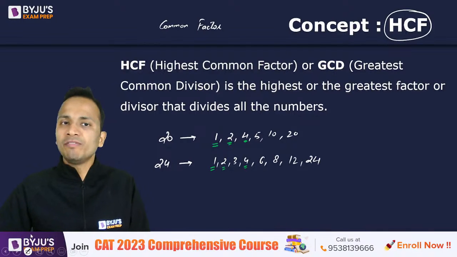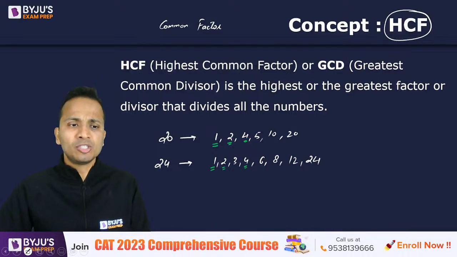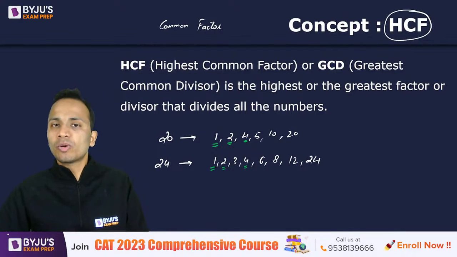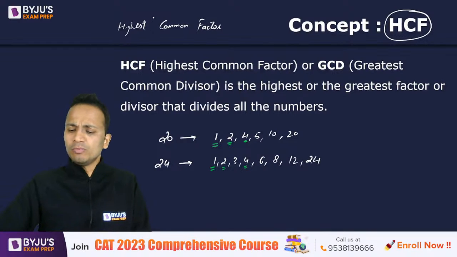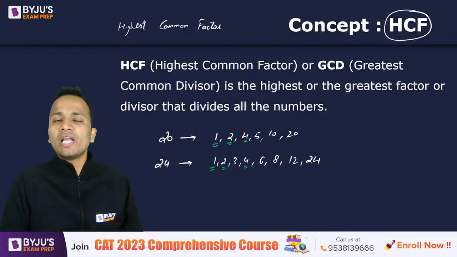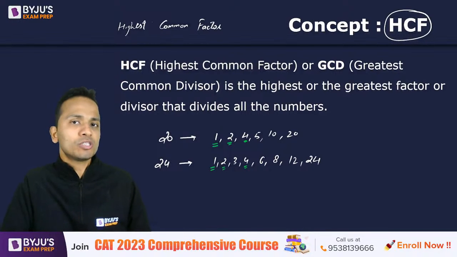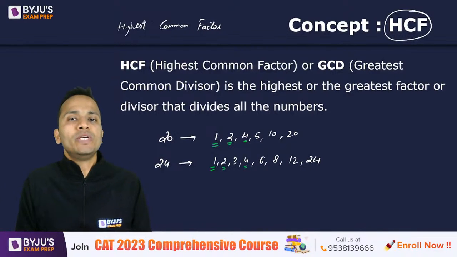Now, obviously there can be more than one common factor among two numbers. Among these common factors, I'll be looking at the highest common factor. Generally, the lowest common factor is not asked. There is no relevance of the lowest common factor because for any two numbers, the lowest common factor will always be 1.